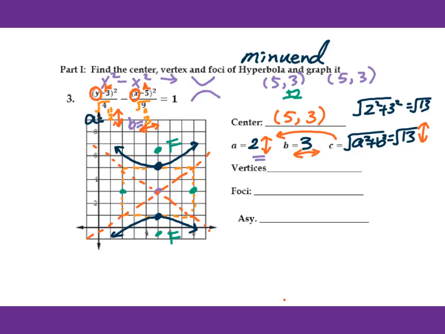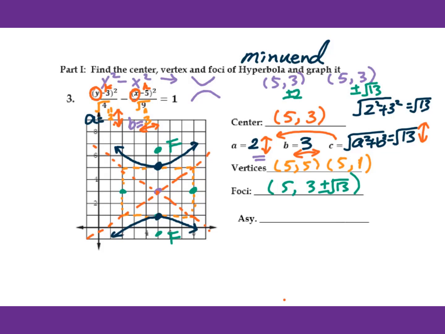So I add, subtract square root of 13 to y coordinate. Then I calculate. I got 5, 5 because 3 plus 2. 5, 3 minus 2 is 1. Foci, you get the 5 and 3 plus or minus square root of 13.